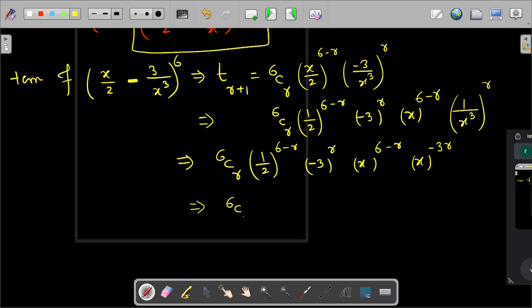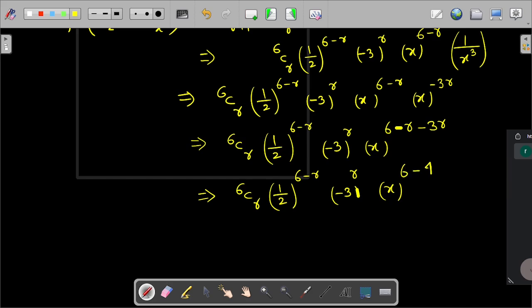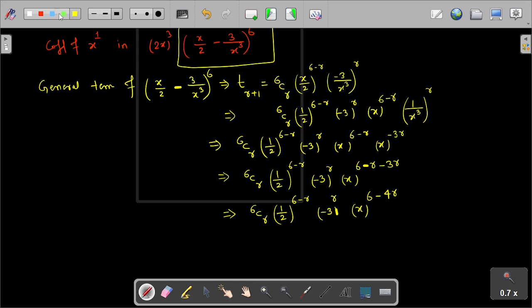This is 6Cr (1/2) raised to power 6 minus r, (-3) raised to power r, x raised to power 6 minus r minus 3r. Is it okay? This is x raised to power 6 minus 4r. See, right now I have done nothing except simplifying. I have simplified all these terms.